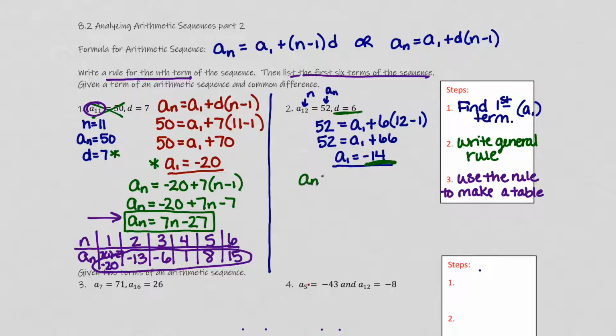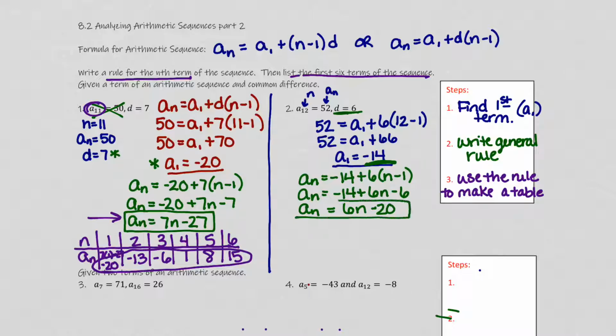So an is going to equal that first term, which is negative 14, plus d times n minus 1. Distribute that 6: negative 14 plus 6n minus 6, and collect like terms, so I get 6n minus 20.